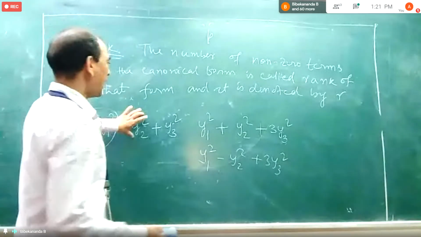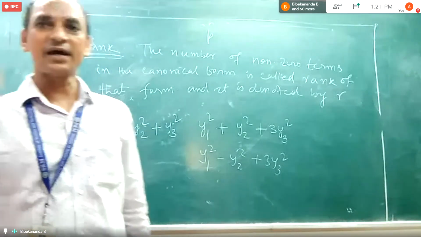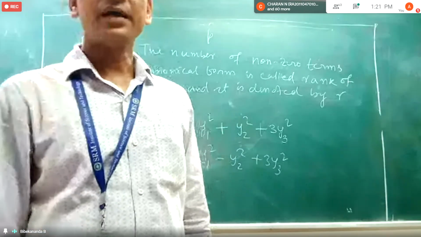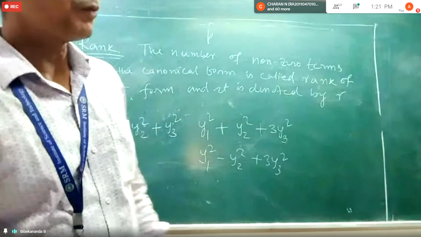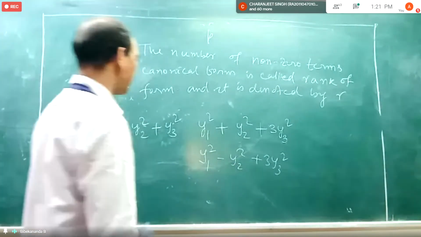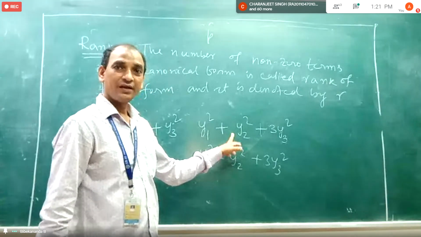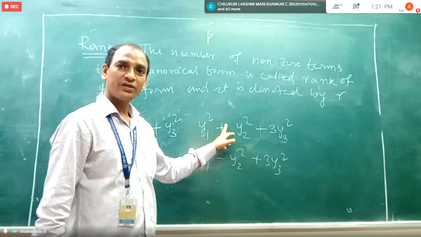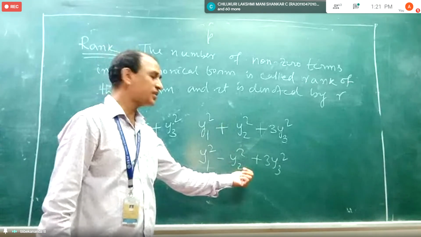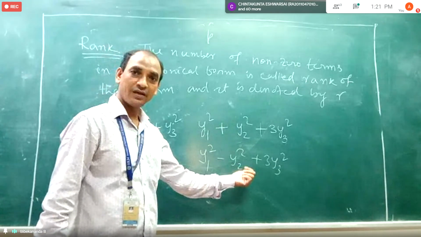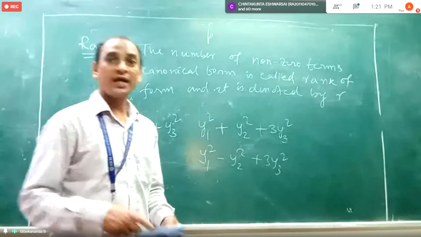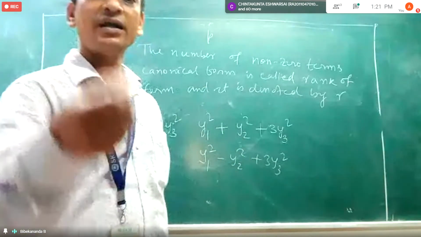So like this, you have to decide what is the rank and what is the index. Now, before going to signature, suppose here your rank is 3 and index is also 3. But here your rank is 3, but index is 2. Then how can we get the number of negative terms?